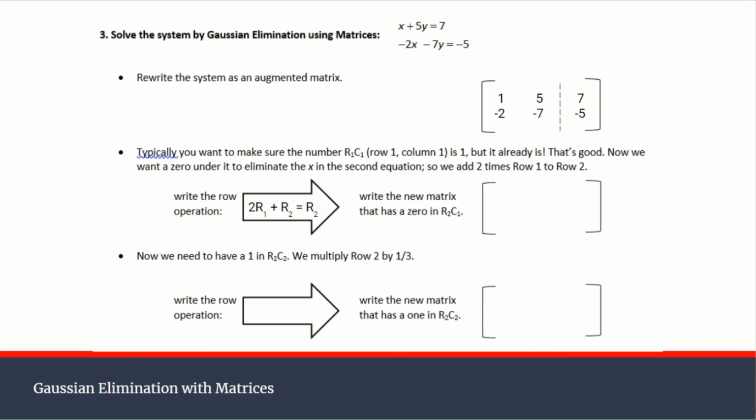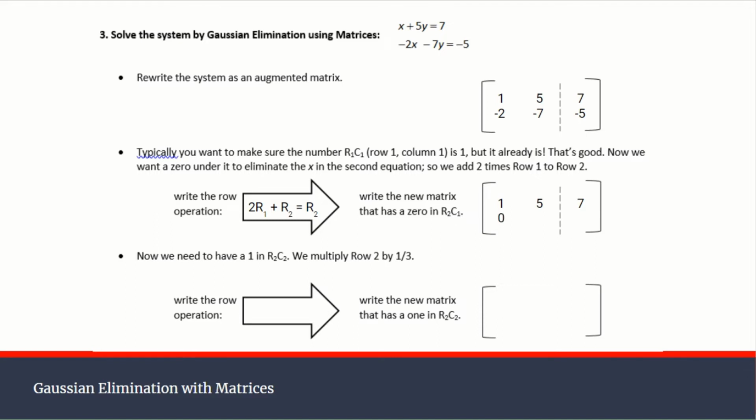So when I do this, if on the last set of notes you looked at the video there, I split it into 2 columns. I'm going to try to get you to do this without having to write things down twice this time. The first thing you do is write down that first row. Don't multiply it by 2 and show that. You write the first row down as it is because it's got the 1 there. Now think in your mind, I'm going to multiply 1 times 2, that's 2, and add negative 2.